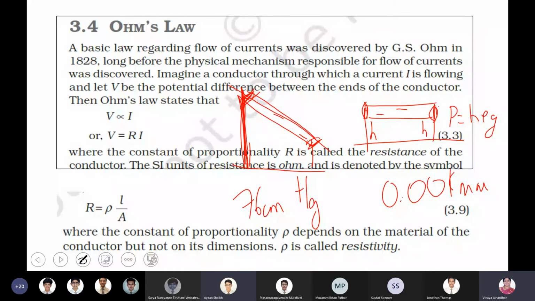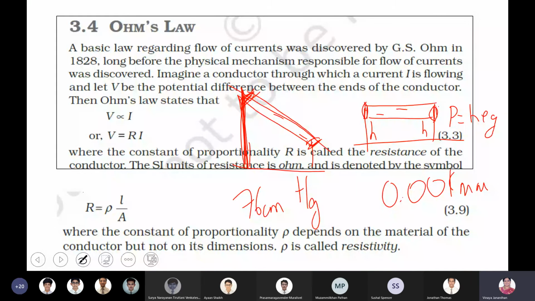I sent a file yesterday to your ID and your parents' ID. What has to be written in that? Aim of the experiment, apparatus, principle. Yes, both experiments you need to write, boys. Is that clear? Fine, boys.